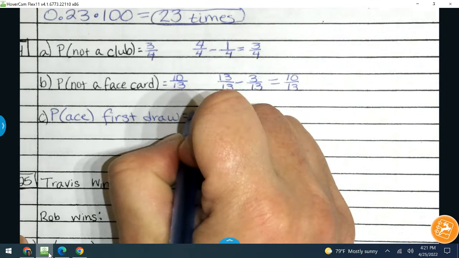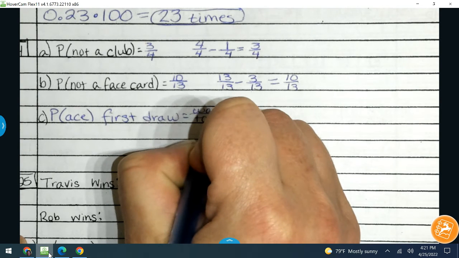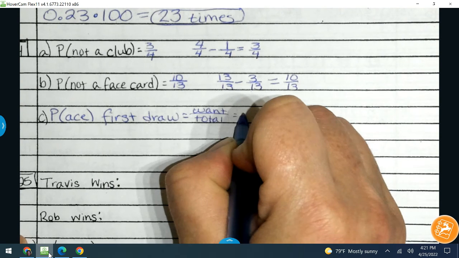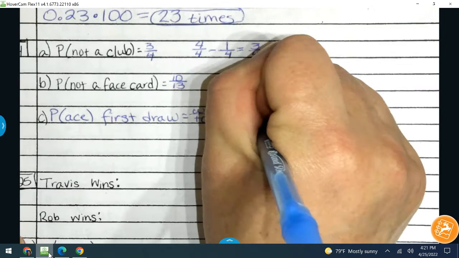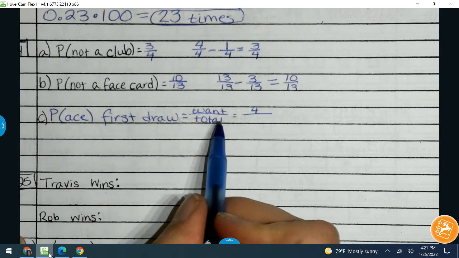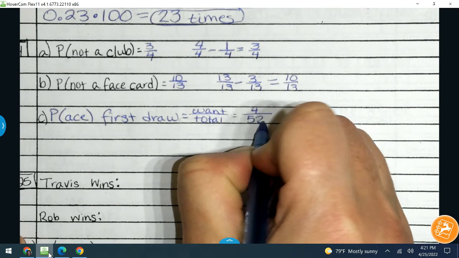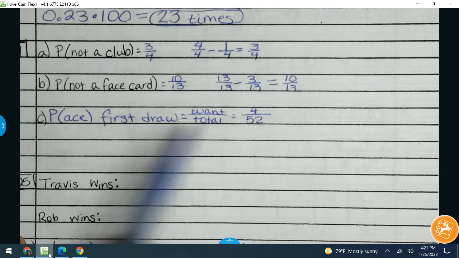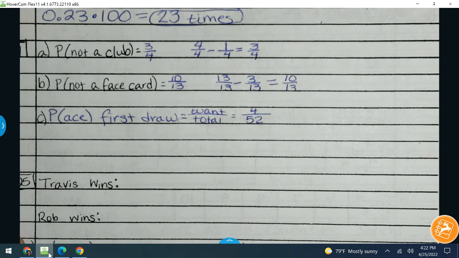So again, we have what we want over the total. The number of aces in a deck of cards is 4, and the total number of cards is 52. So my probability of getting an ace on that first draw is 4/52.